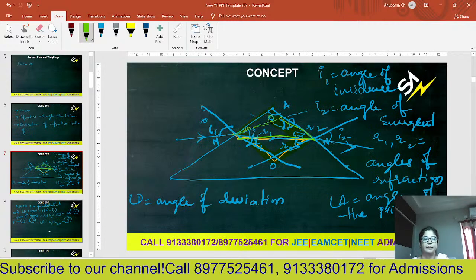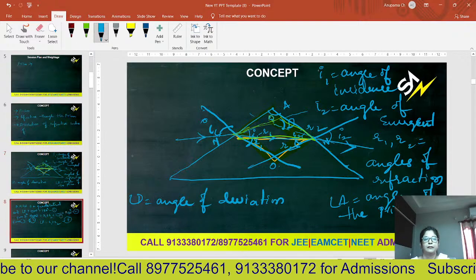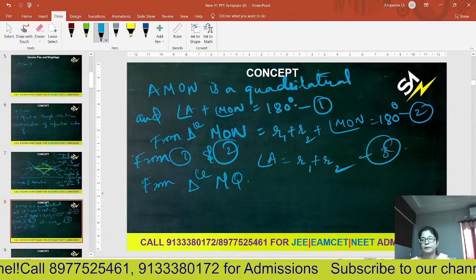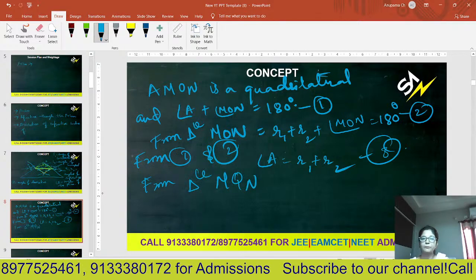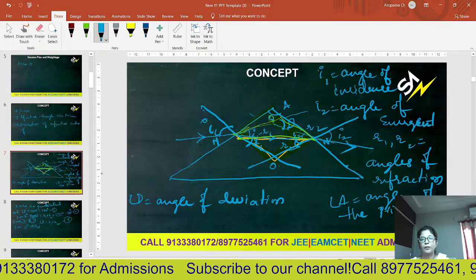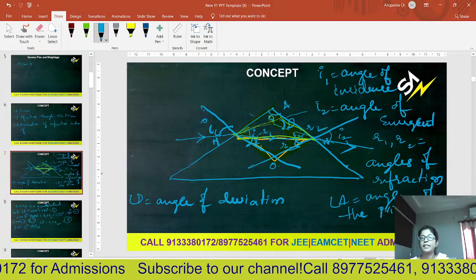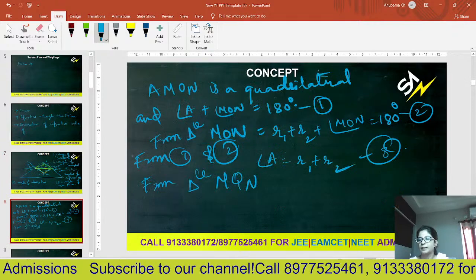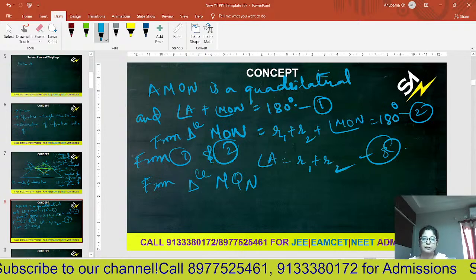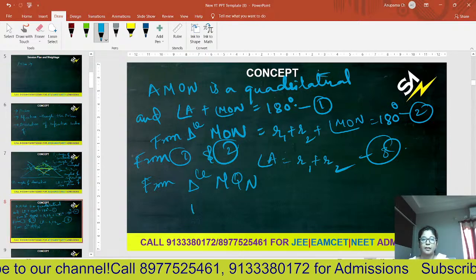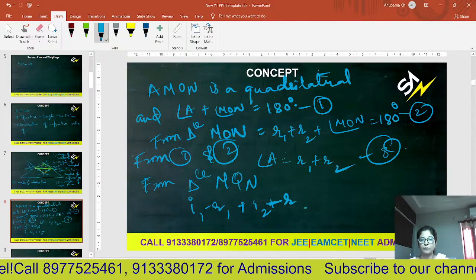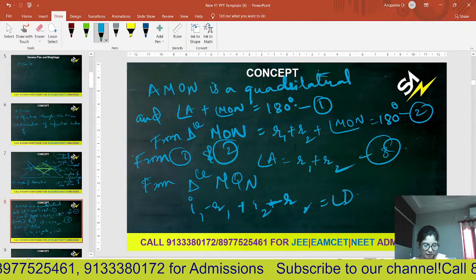M, Q, N. MQN. What do you get? The sum of the interior angles is equal to the exterior angle, right? That means I1 minus R1 plus I2 minus R2 is equal to angle D, that is the exterior angle.